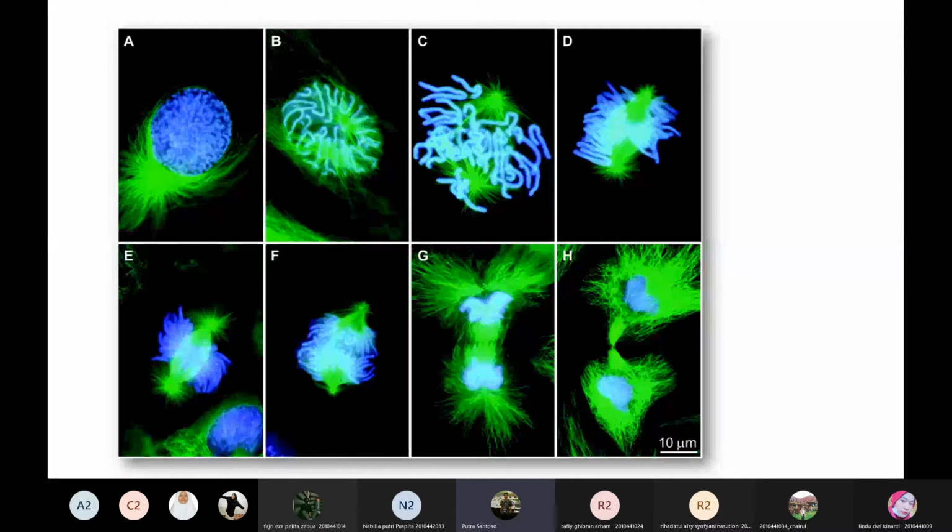As you see here, when the cell is in the early stage of the activity, jadi ketika sel itu masih dalam kemasannya dalam bentuk nukleus, maka material genetik di sini kan terkemas dengan baik, and it is covered by the membranes of the nuclei. Jadi dia dilindungi juga dengan membran inti, kemudian bentuknya juga kompak.